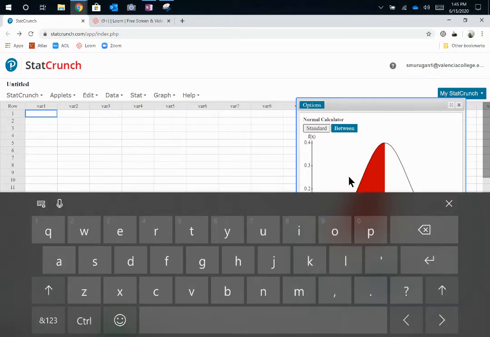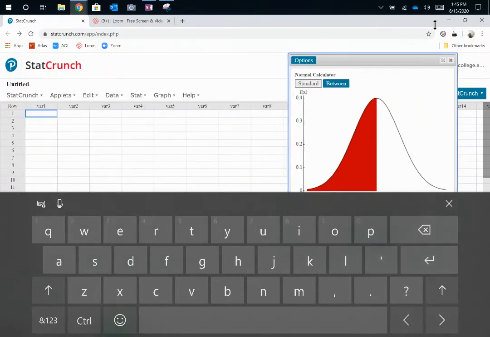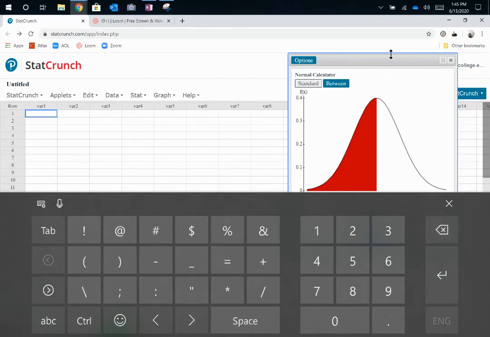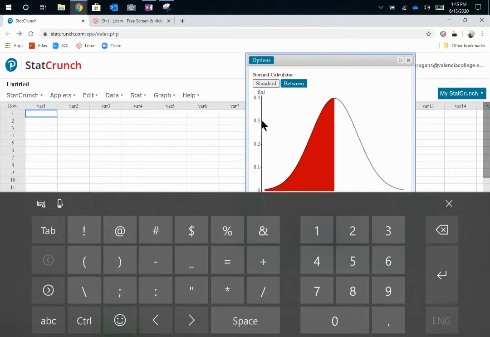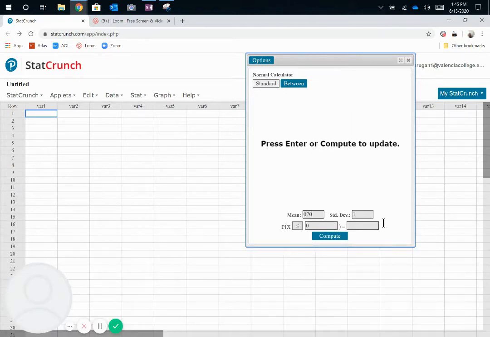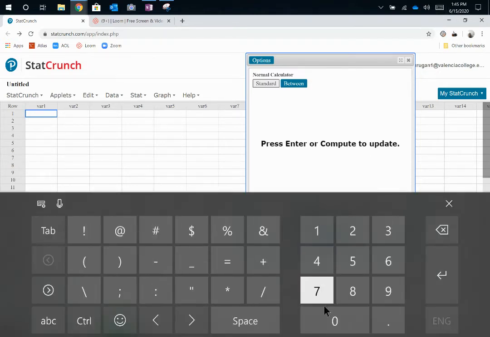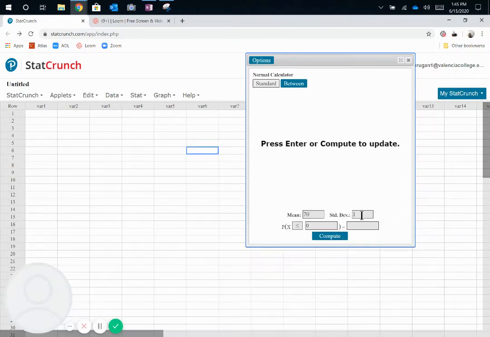Let's get our numbers in place here. The mean is given as 70, and the standard deviation is given as 5.